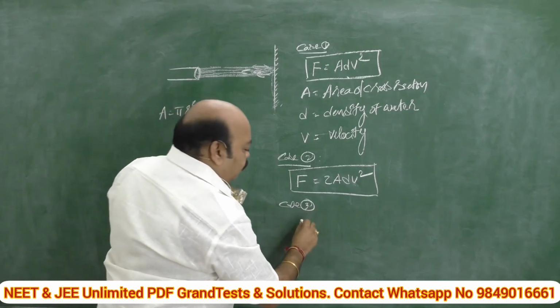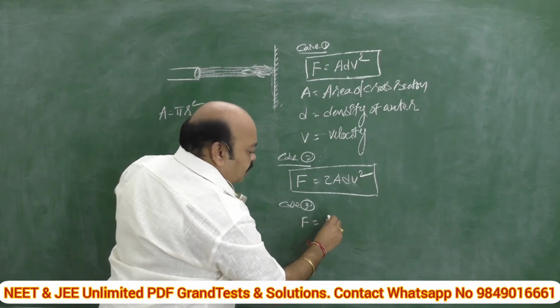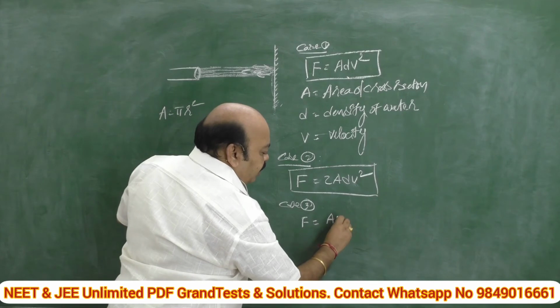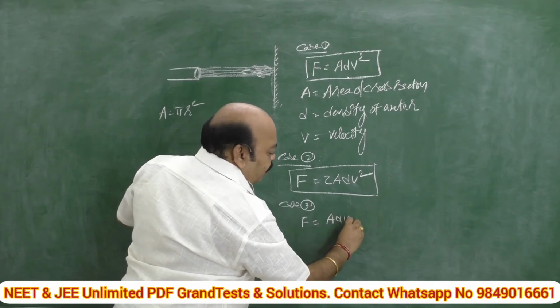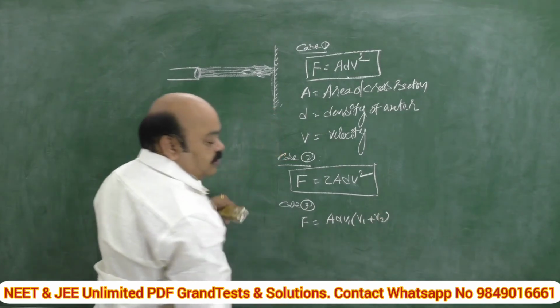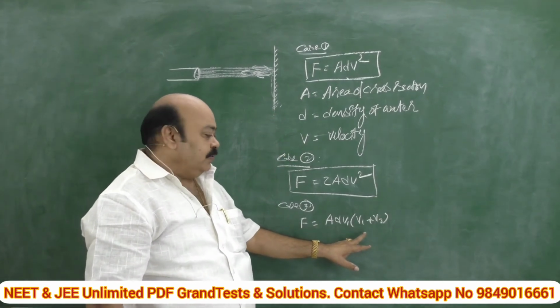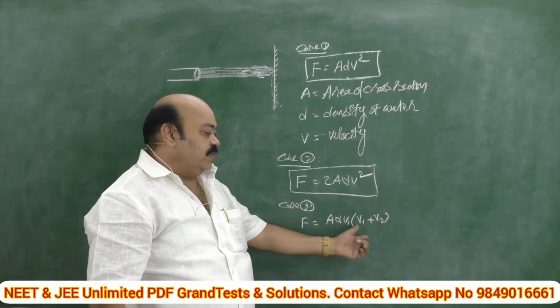In this case, the force exerted by the jet on the wall is given by F is equal to A d v1 into (v1 plus v2).